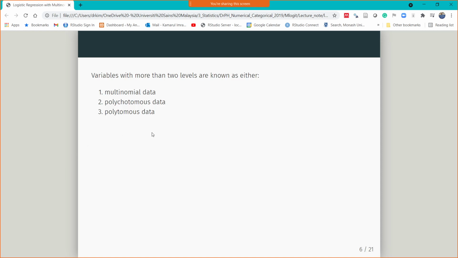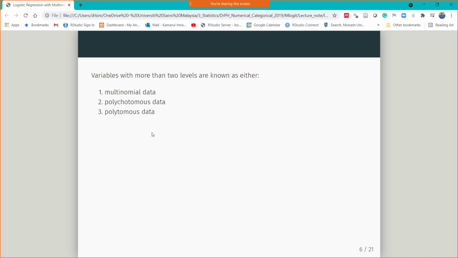So the motivation of the logistic regression for multinomial data is because of these conditions. One, we have data where the outcome of interest is in multinomial format.